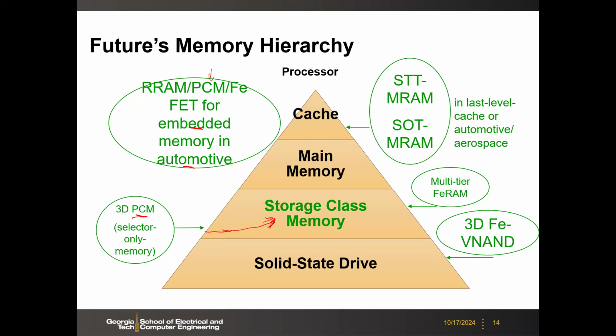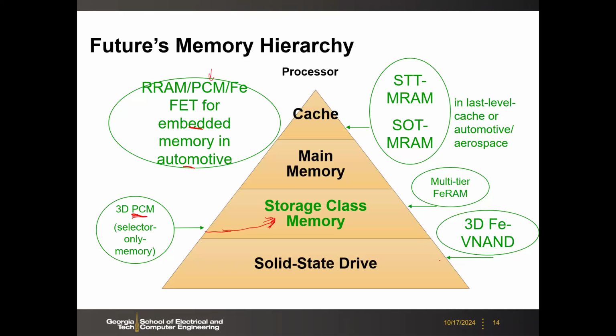For example, there's a recent renaissance of this phase change memory in the 3D XPoint kind of architecture, called the selector-only memory. This was pushed by SK Hynix and a few others. I think Samsung also jumped in. So people are not giving up, okay? They're still trying to do some 3D XPoint-equivalent architecture to enter this storage class memory market.